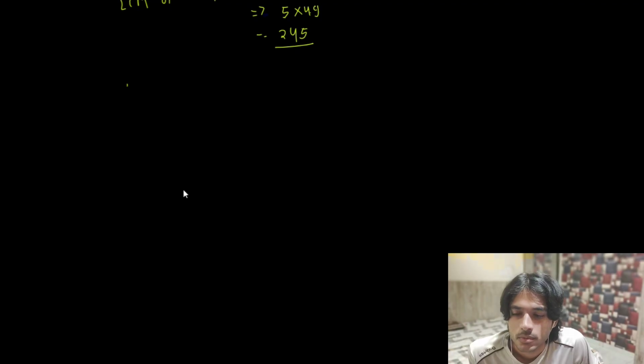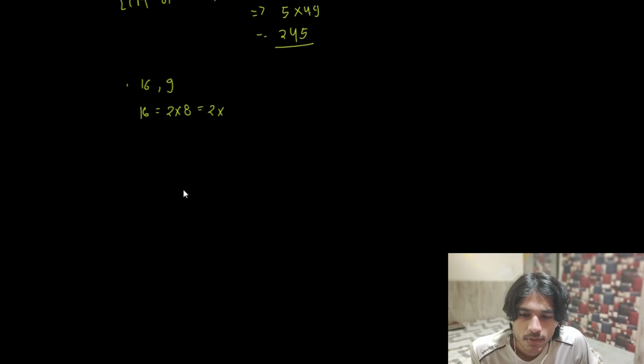Okay, let's do 16 and let's do 9. So prime factorization of 16 would be 2 multiplied by 8, by 2 multiplied by 2.